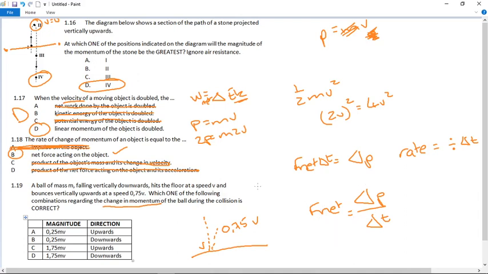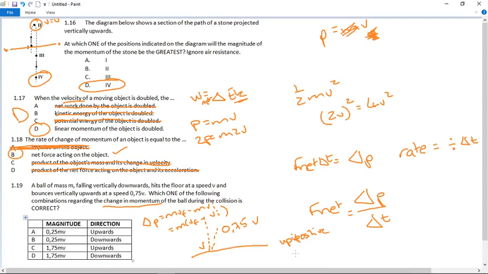So the change in momentum is our friend delta P, which is mvf minus mvi, which we can put as m(vf minus vi), yes? So, what is the change in momentum? If we have a look here, shall we say up is positive? Because this question is tricking you, because you must remember that momentum is a vector.